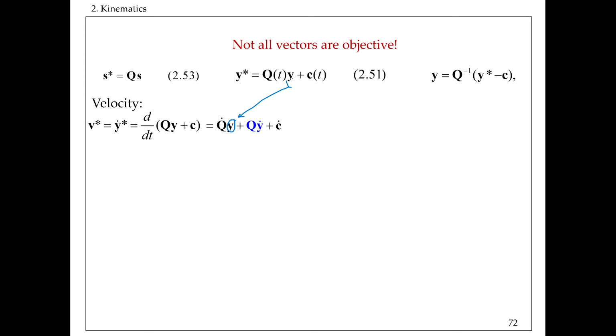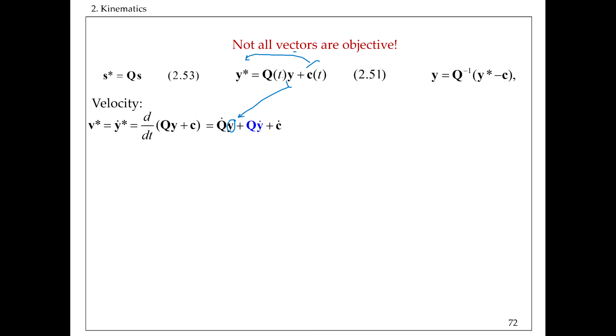Y will be nothing but this: we take that c with the minus, pull it to the left hand side, so that will be y star minus c, and then we multiply everything by q inverse from the left.